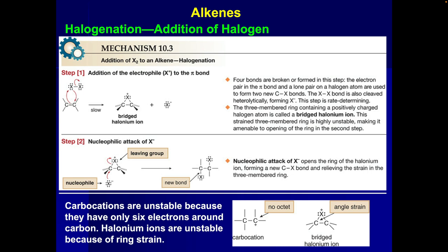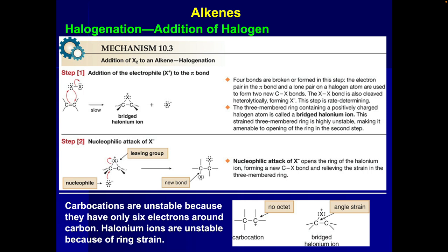They're strained. They're under a lot of tension, if you will. So it's pretty easy for a nucleophile to come in and attack that carbon and break that bond, okay? Three-membered rings are what we call strained rings. Okay? And you can see that when you try to build your model. This is a strained ring system, and so it will undergo reaction pretty readily, okay?